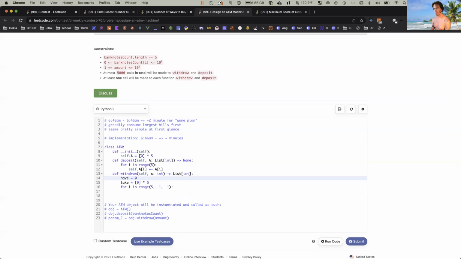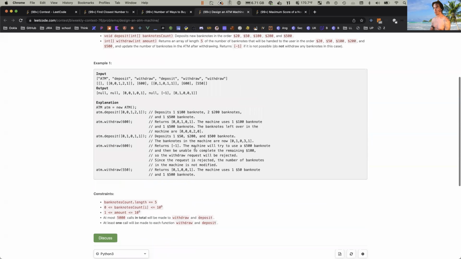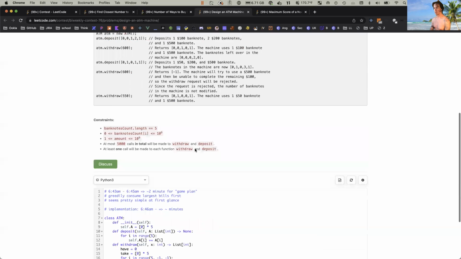Have equals 0, and this is what we take. If what we have is equal to x, then we can take what we have, right? So it's a list, we return take, okay.